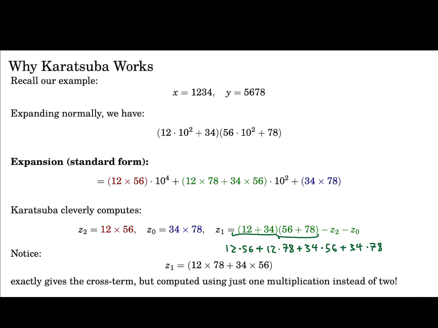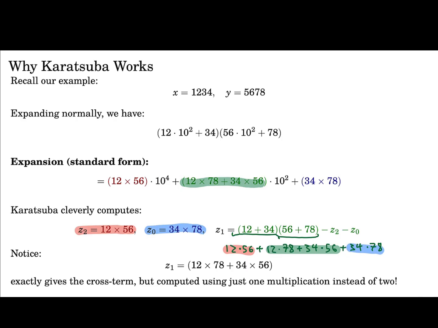And the idea here is that to get this multiplication here, these terms actually appear here. And the extra terms, notice that they were computed before. So this is just z2 here. And this is just z0.